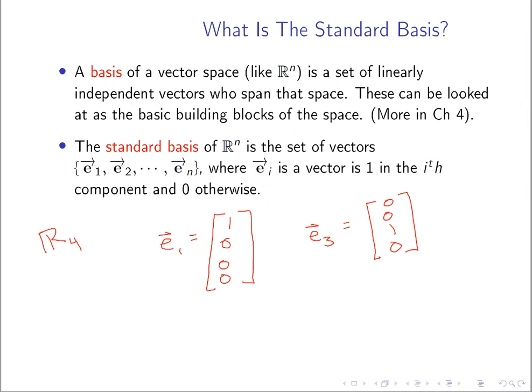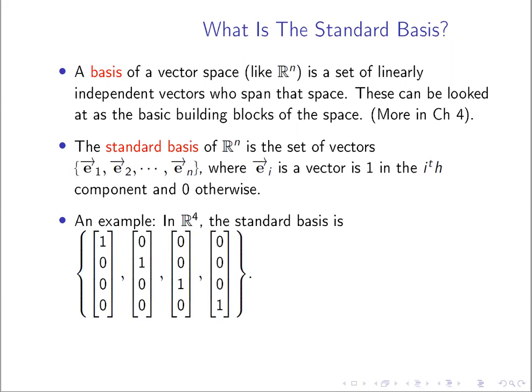Now, a couple quick notes about that. So this would look like, for R4, these four. Again, these would be E1, E2, E3, and E4.